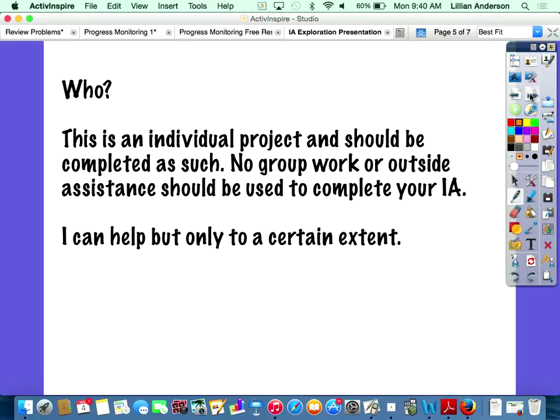Now, if you're stuck on an idea and you want to talk about it with your classmates, that's fine, but it shouldn't be you taking somebody else's idea and making it your own. That is plagiarism, and we definitely don't want to go through that whole issue. I can help only to a certain extent because I am grading it, so I can only help with so much.